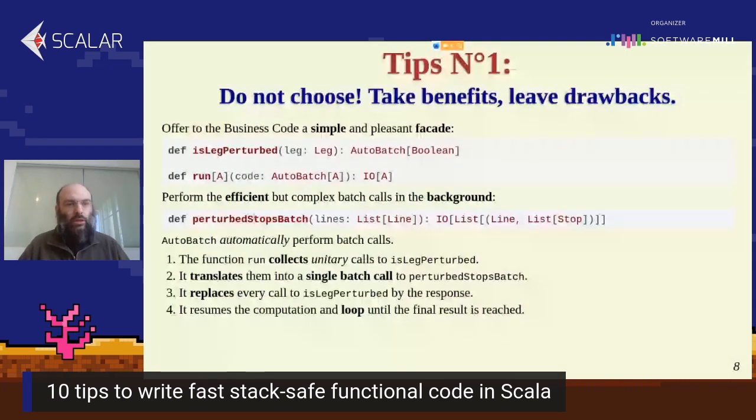What will this AutoBatch monad do? It will collect all the calls to the API we want, the isLegPerturbed. It will collect all the calls, translate them into a single call to the batch API, and then replace in our code every unitary call by the response from the batch API.